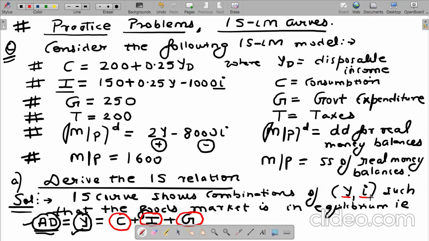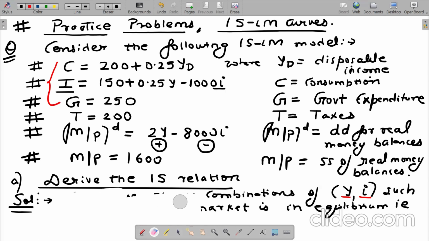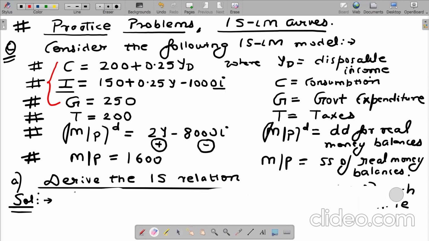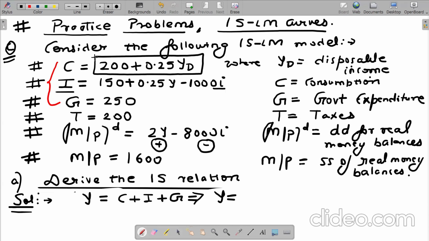So what we are going to do is substitute C, I and G from the equations given to us. Let's now look into the math of this. So I can write that aggregate demand Y is equal to C plus I plus G, which implies Y is equal to, what is C? C is 200 plus 0.25 YD. Now, students can also note that disposable income is the income left after paying taxes.